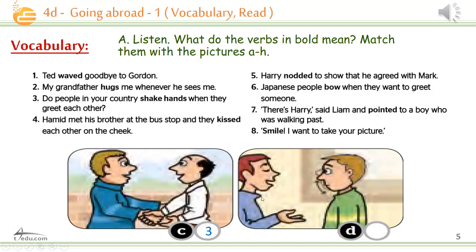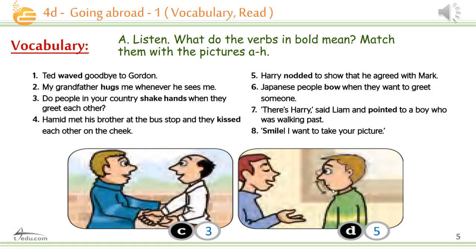Okay, let's see exercise D. What are they doing? Okay, you see his head, you see the arrows, it's going down and up and down. So it is nodding. Yes, when you move your head up and down, it's a nod. Very good. So it's 5. Harry nodded to show that he agreed with Mark.